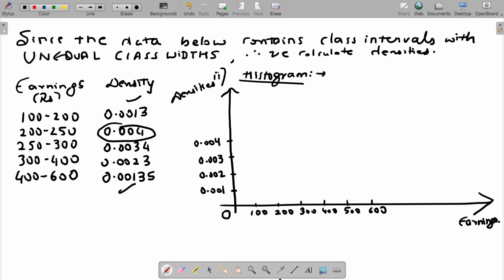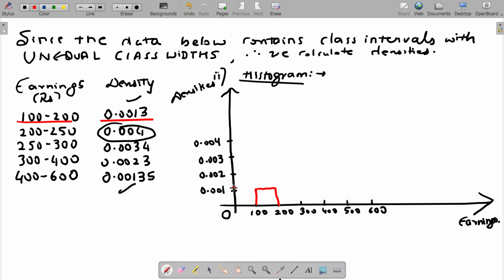So now we can plot them. 100 to 200, 0.0013 is slightly above 0.001, somewhere here.